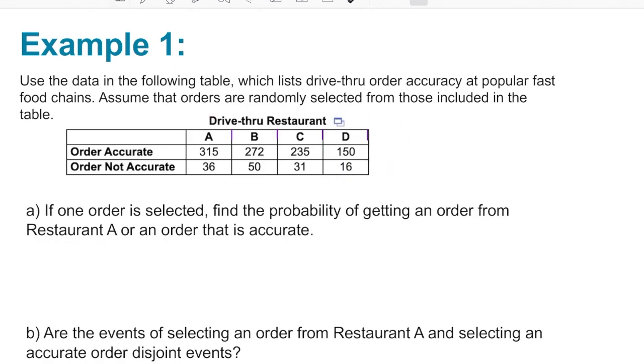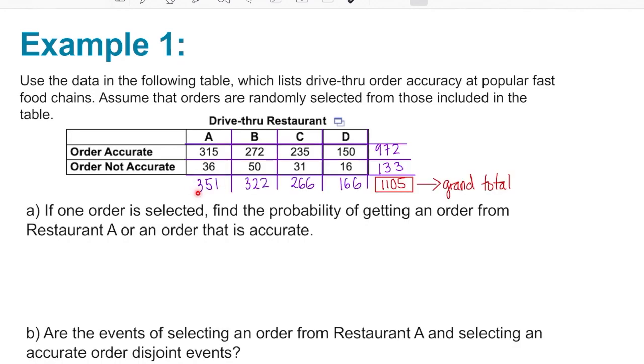In this table, I have 4 columns representing the number of orders from 4 different restaurants, and we call it A, B, C, and D. There are 2 rows representing the number of orders that are accurate and not accurate. When I'm given a table like this, I always find the total for each column, each row, and the grand total first.